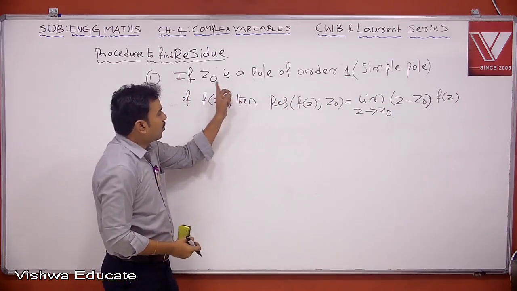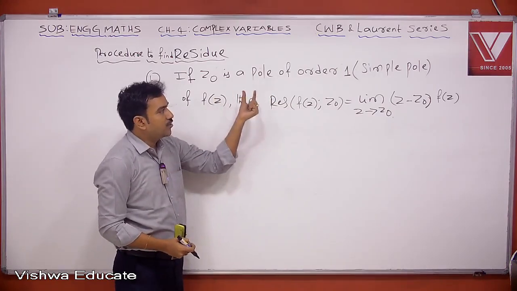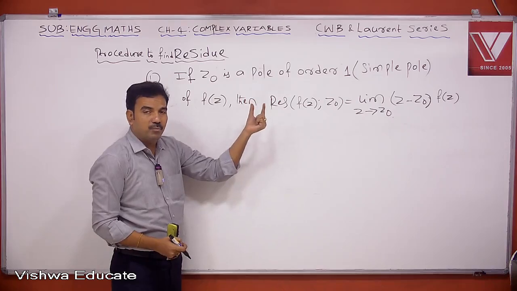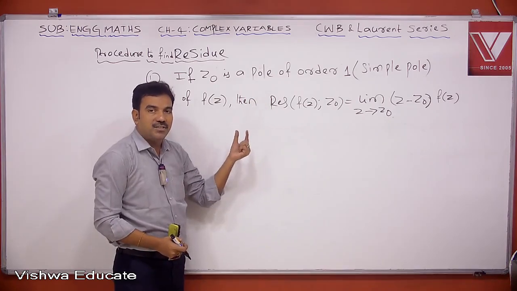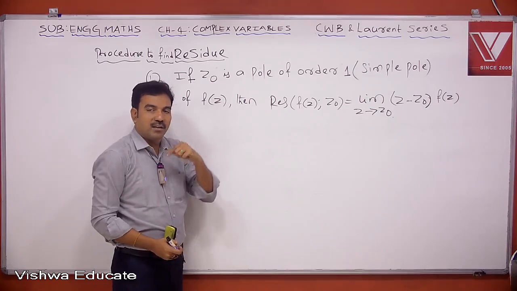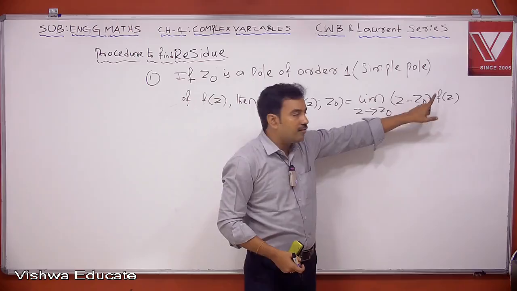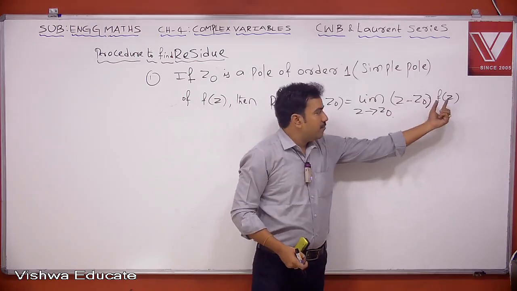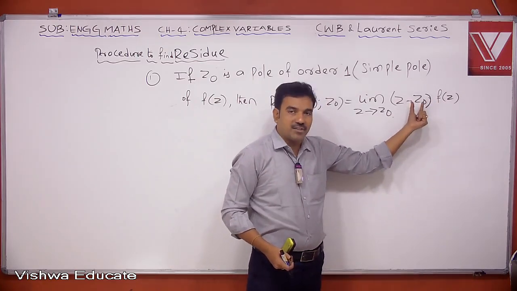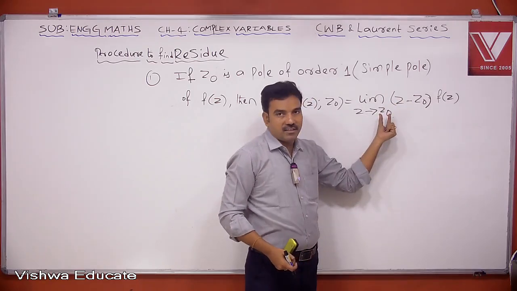Poles of order 1 will be called simple poles. Since it is a pole of order 1, the denominator contains only power 1 of z minus z naught. So to cancel out z minus z naught in the denominator part of f of z, multiply f of z with z minus z naught, and then to the rest of the function apply the limit as z tends to z naught.